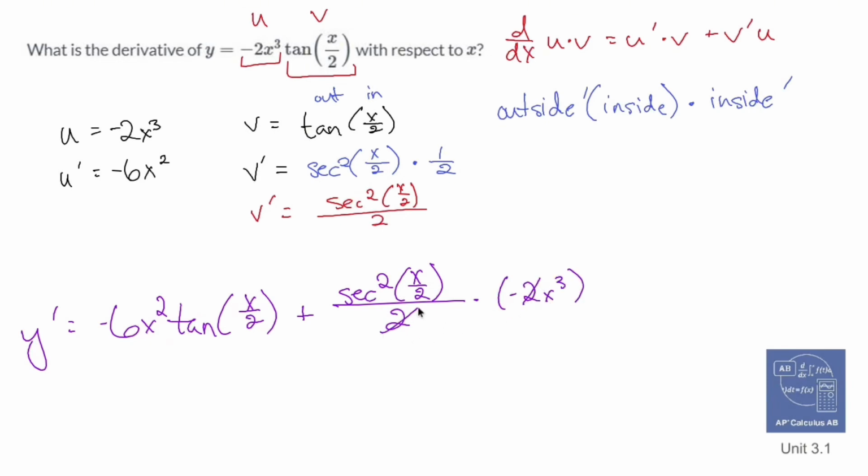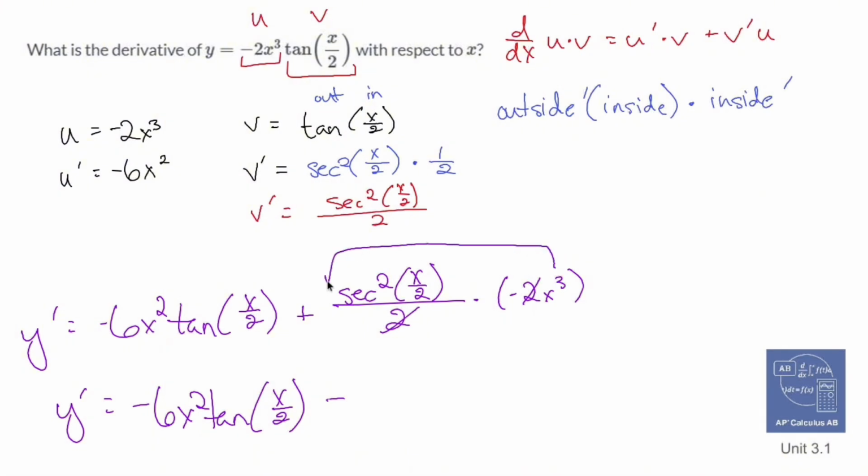So the 2's cancel out, and one more step is me not changing u at all, negative 6x squared tangent x over 2. That's negative, so let's make it minus, and let's bring the x cubed out front. X cubed secant squared x over 2.